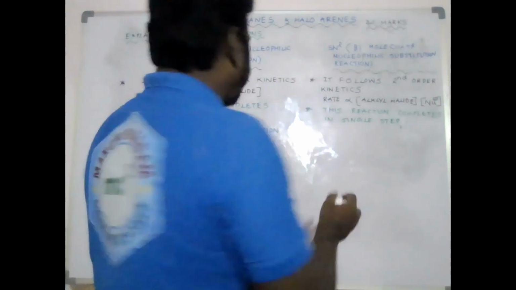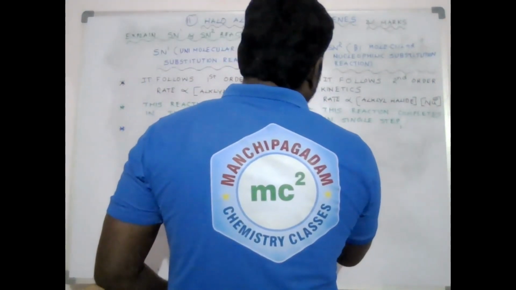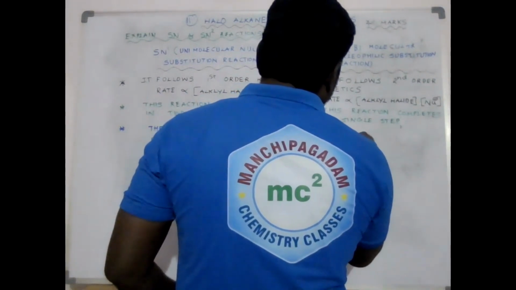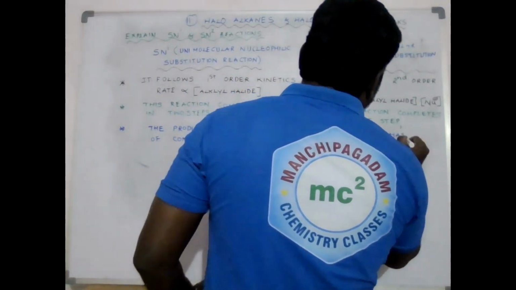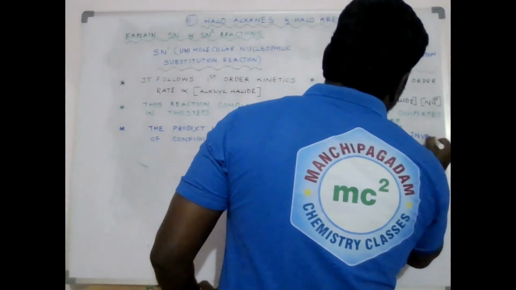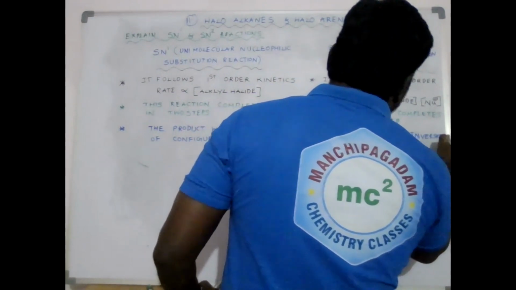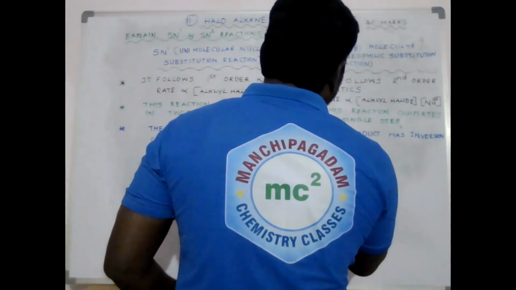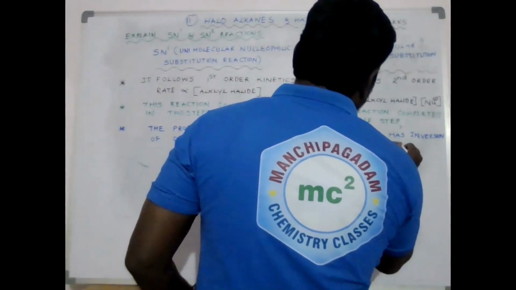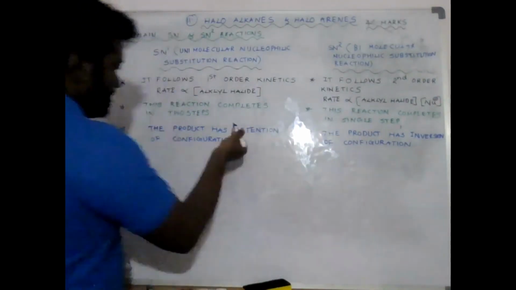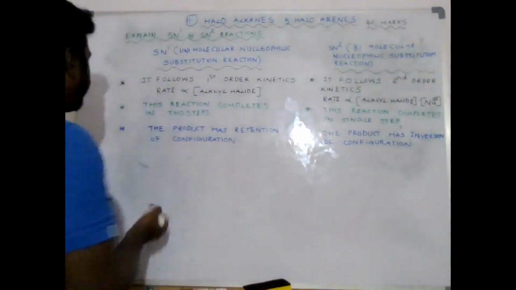We can say here, opposite to that, the product has inversion of configuration. Inversion of configuration. This one is containing retention of configuration, right?